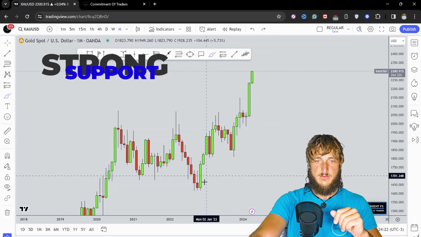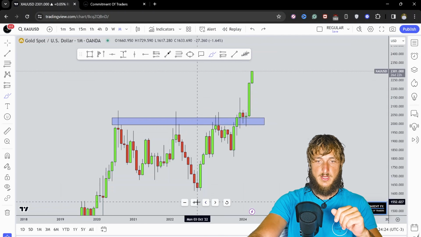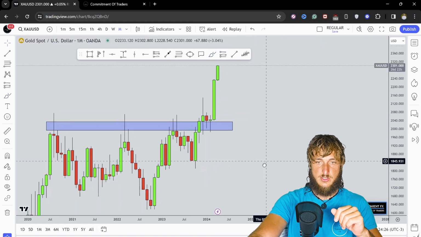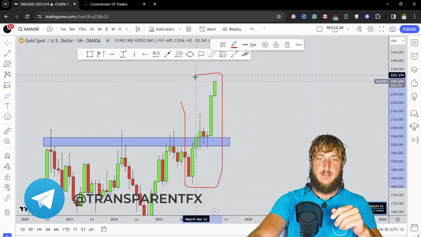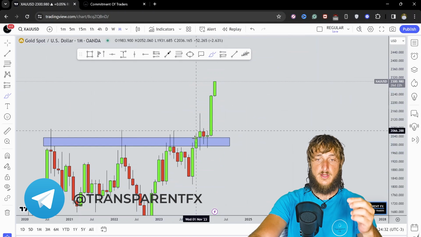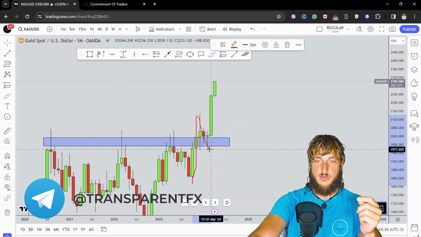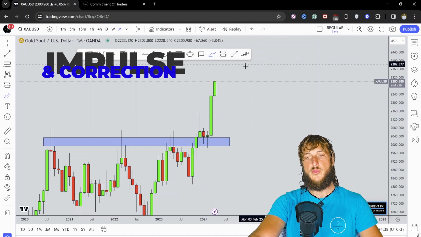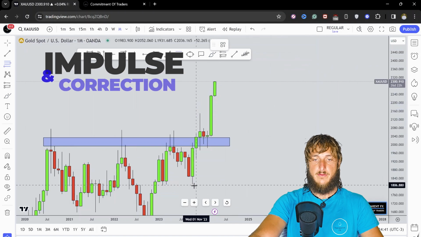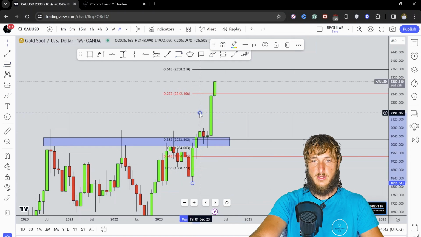We can also notice that from a pattern standpoint, if we zoom in into the most recent price action, the pattern that has just been created here is a very clear impulse correction, an impulse pattern to the upside. Now, if you have an impulse and you want to measure the correction, you have to take your Fibonacci from the low to the high of the impulse leg.